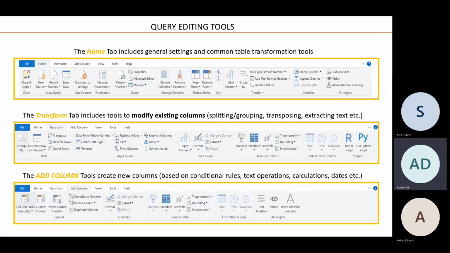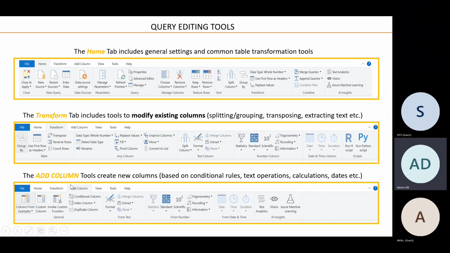So today what we are going to do is mainly discuss what all options are available in the transform tab, the transform button if you see at the top, and then what options are available in add column, and what the differences are between transform and add column.